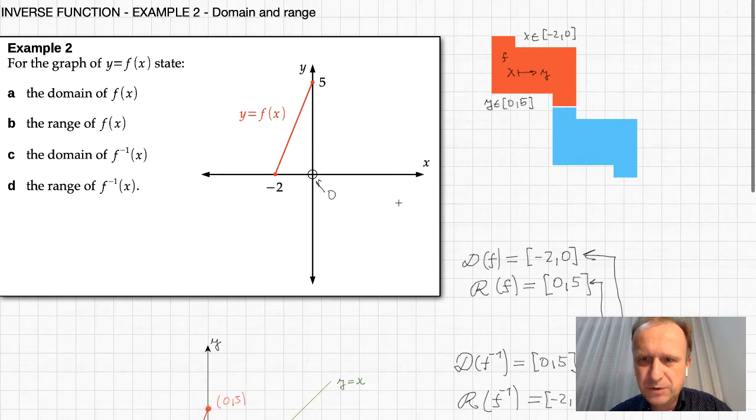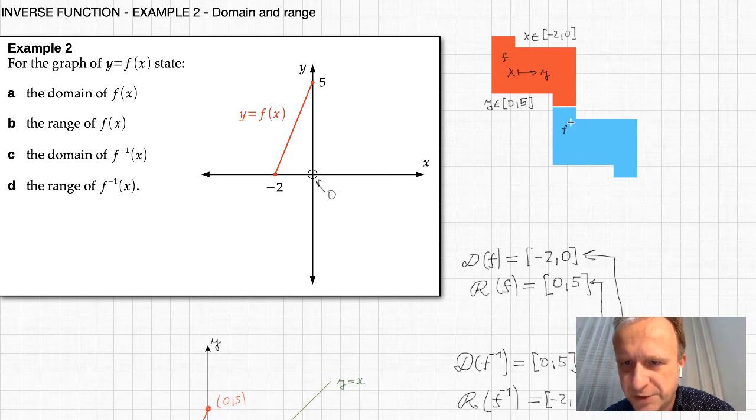This can be understood also using the idea of representing functions with function machines. Imagine this would be the function machine representing the inverse function.